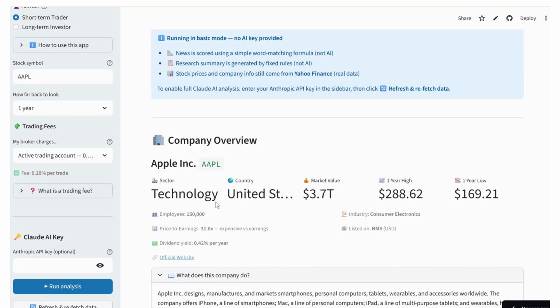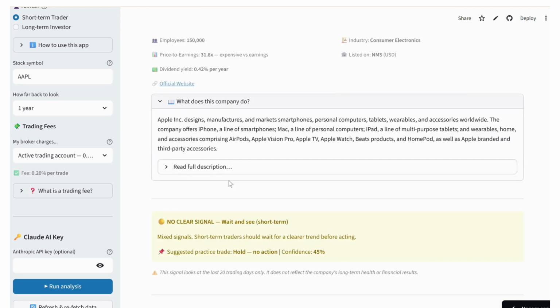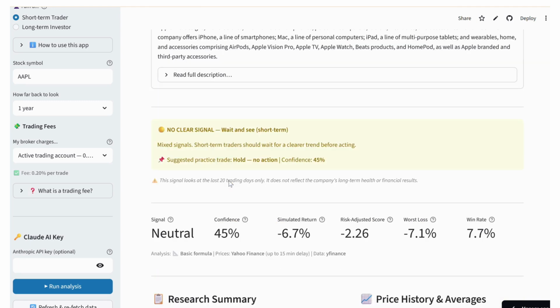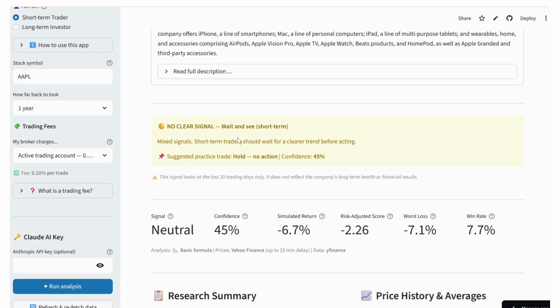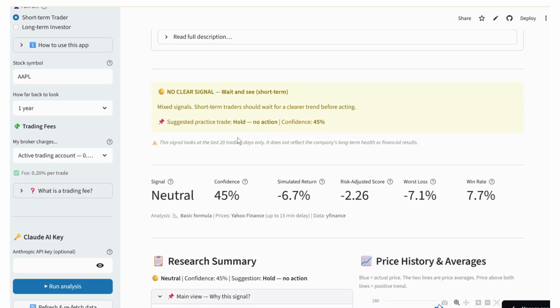It's real data. Only the news sentiment switches to a simple word-matching formula instead of Claude AI. The app tells you exactly what is real and what is not real. This is an honest design.